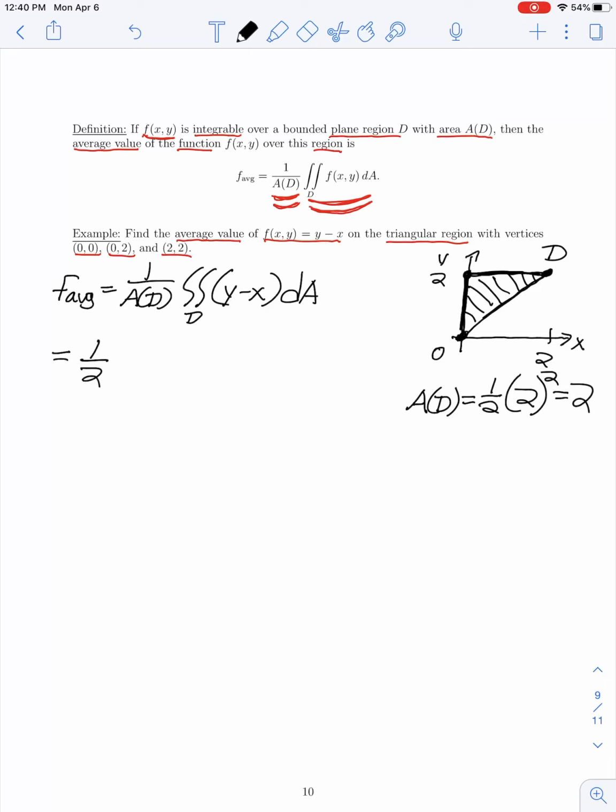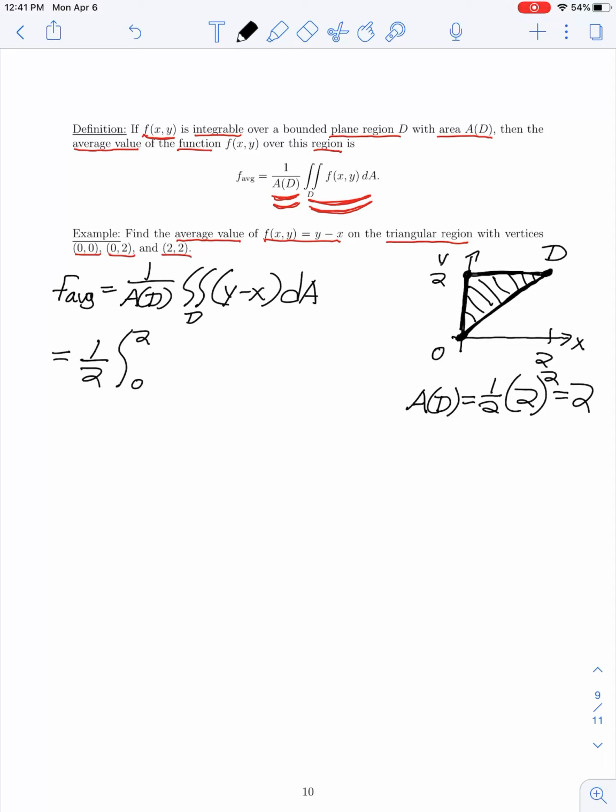And thinking about this region as a type 1 region, we see that our values of x lie between 0 and 2. So we could have our outer integral with respect to x from 0 to 2.